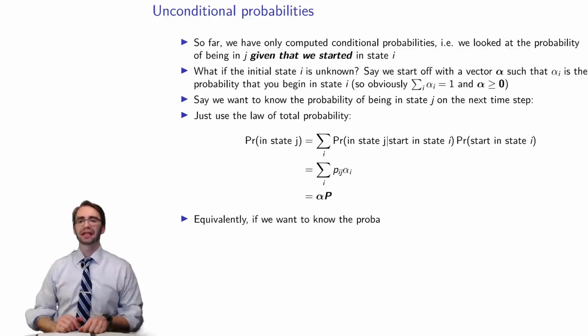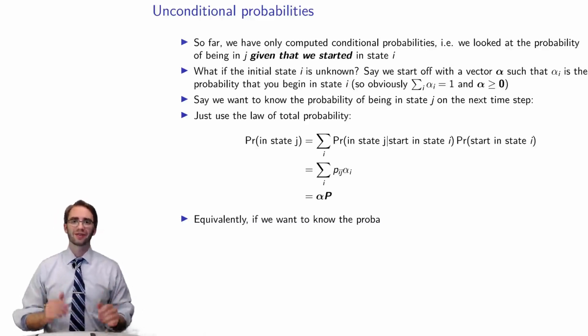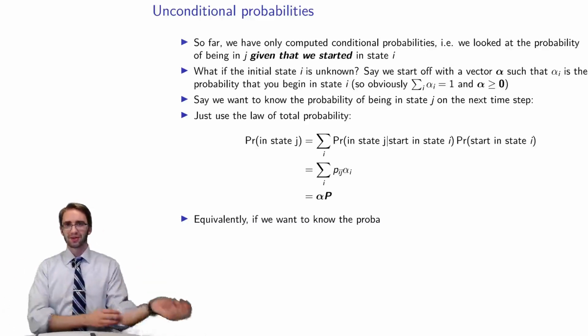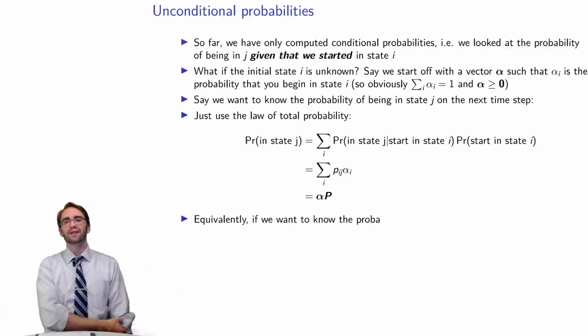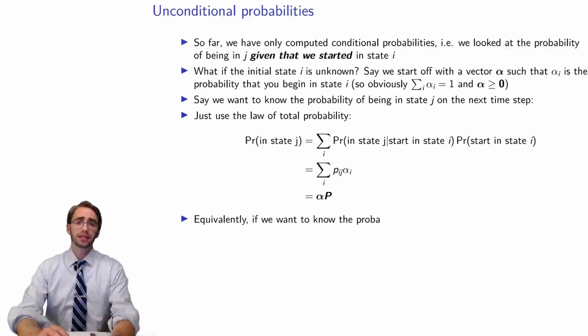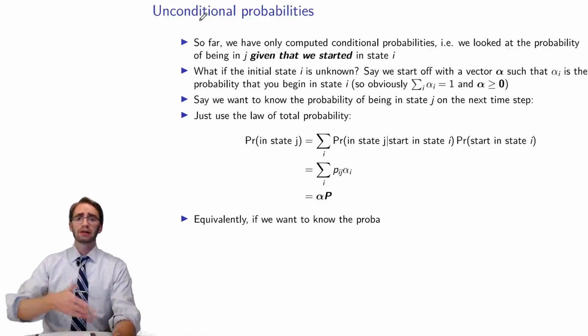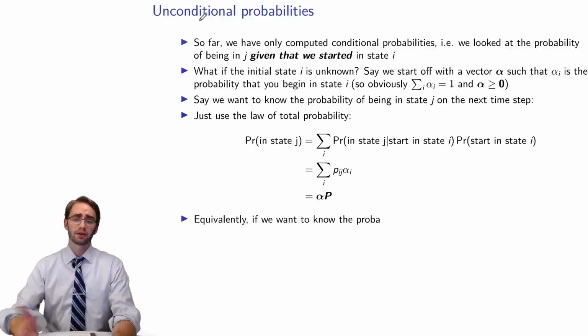Given that you presently have $2, or given that it's raining, what's the probability of being in one of these other states in the future? But let's look at the case where the initial state is not even known. You might say you're equally likely to be in any of these states, or there's some particular vector of probabilities associated with these things, and we could try that.